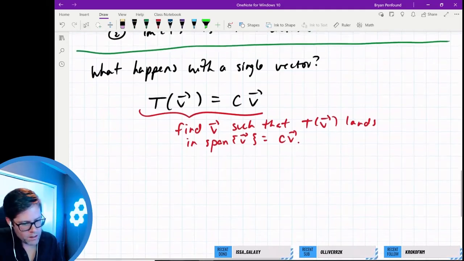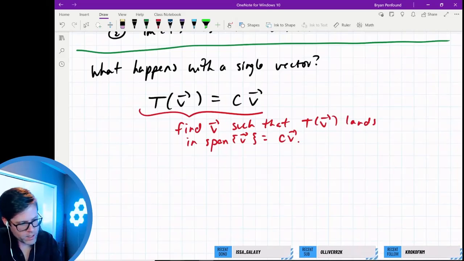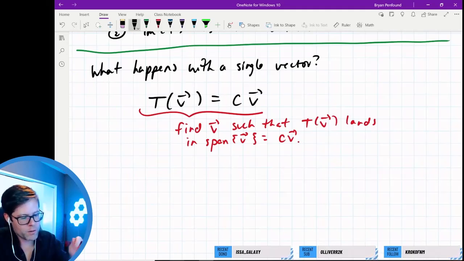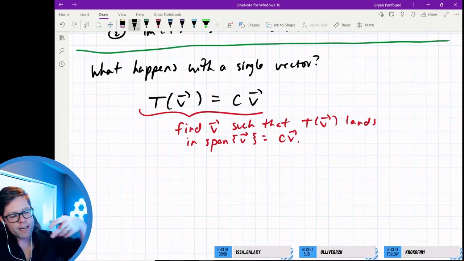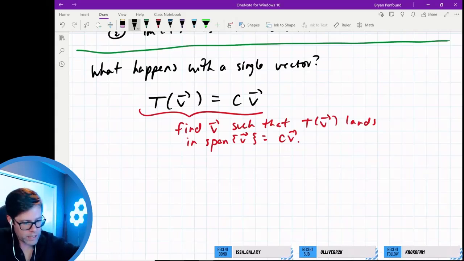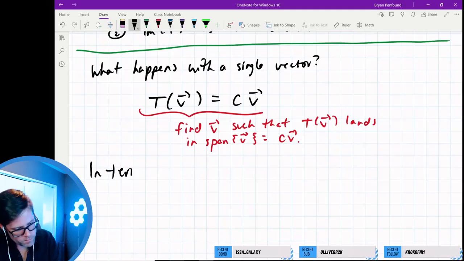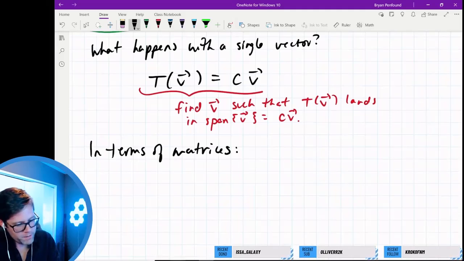So we've done a lot of this grunt work today to be able to rewrite this in terms of matrices, right? So instead of thinking about T of V, let's actually just think about the matrix representation of T. So in terms of matrices, this T of V is really just left-sided multiplication by some coordinate vector.